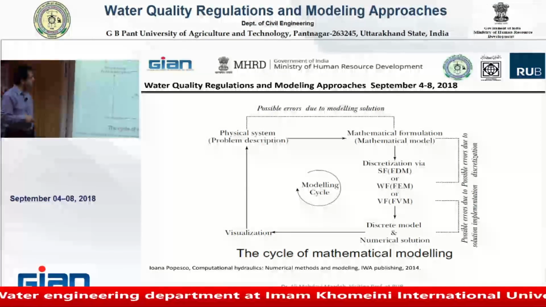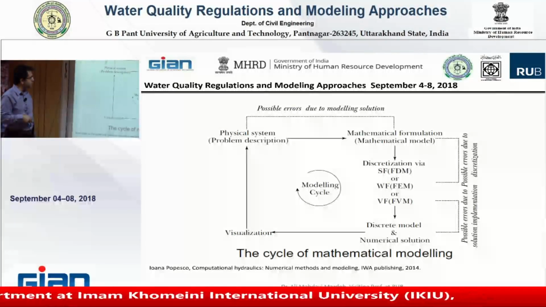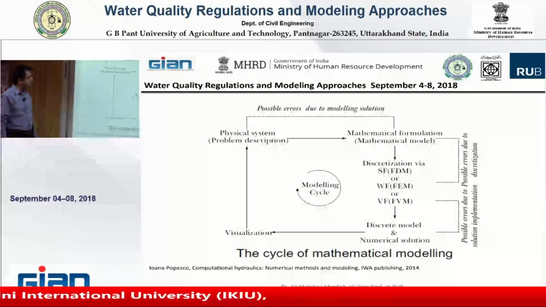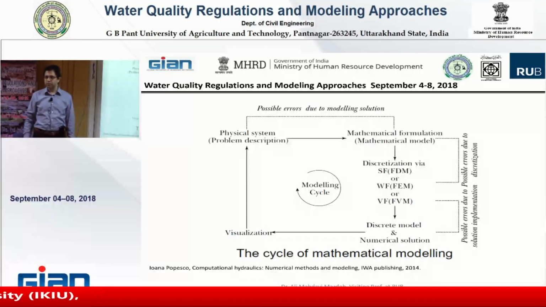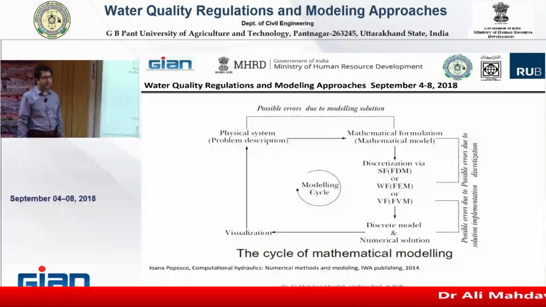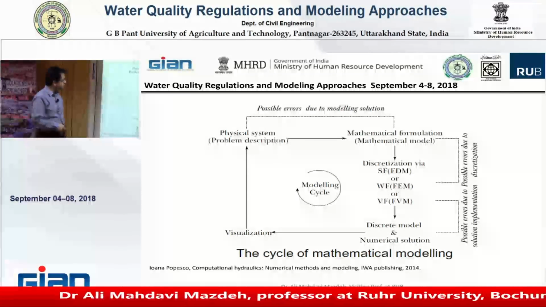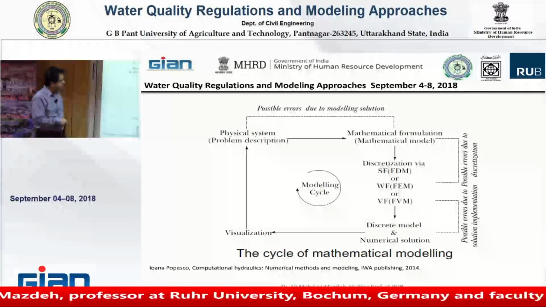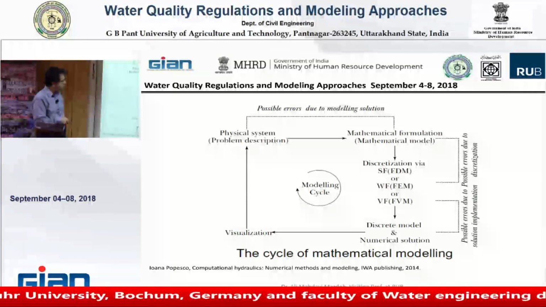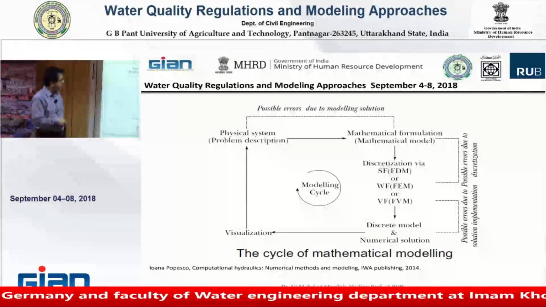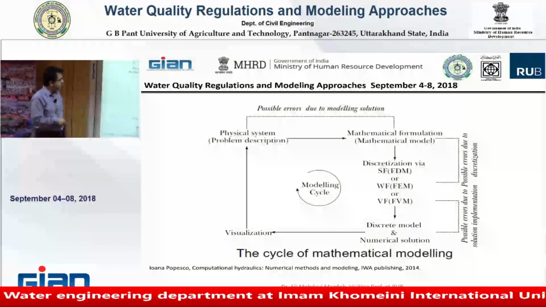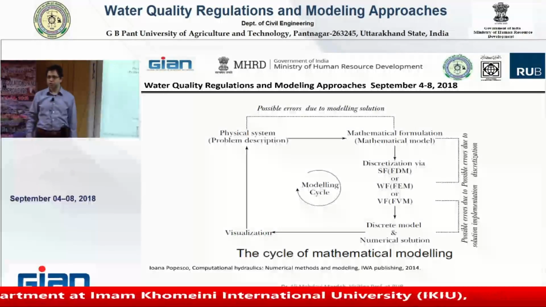Maybe it is finite difference, maybe finite volume, or maybe finite element. All of them have some errors. And you see here we write possible error due to discretization, and some when you are applying the solutions.